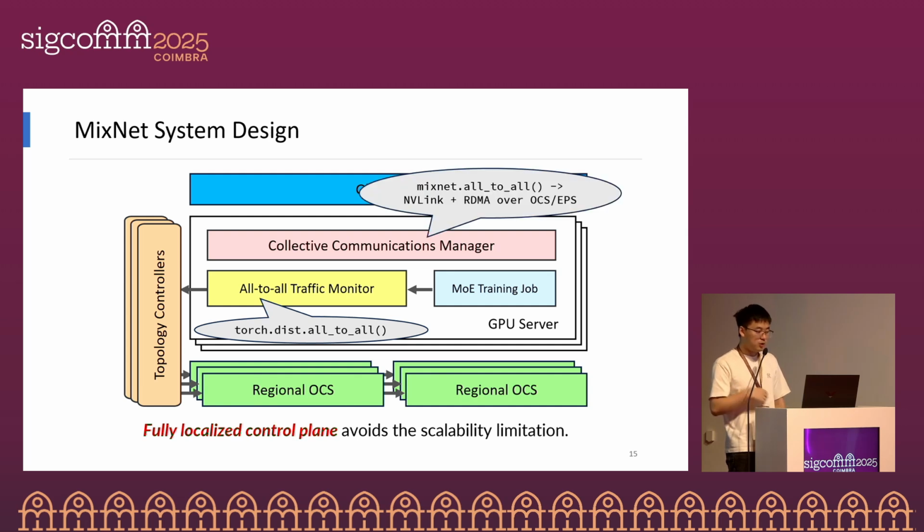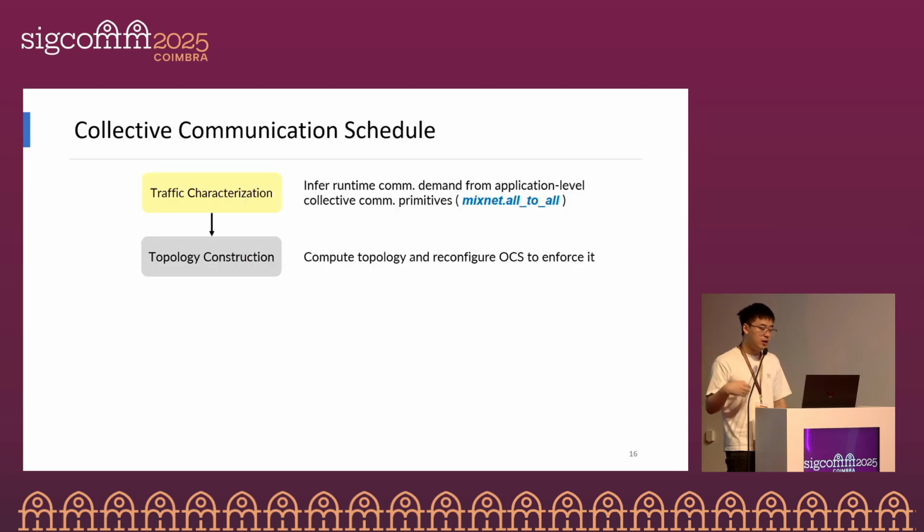In addition, we also design a customized collective communication for MixNet's reconfigured topologies. We replace PyTorch's default collective communication with MixNet's override version. Then we leverage NVLink and RDMA for the transmission.